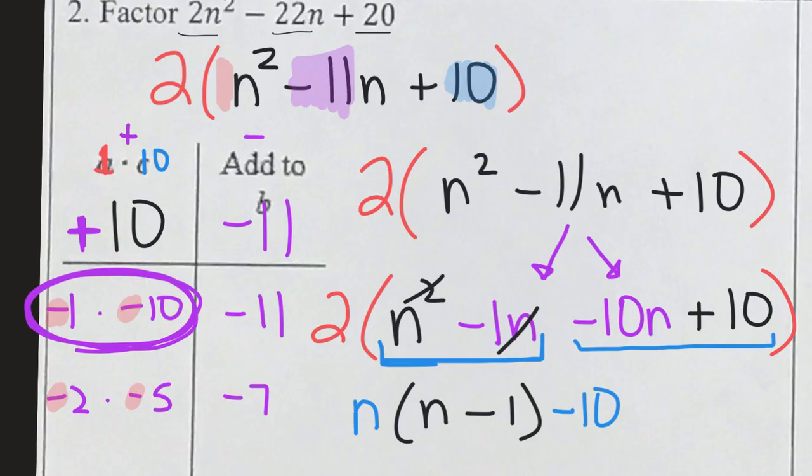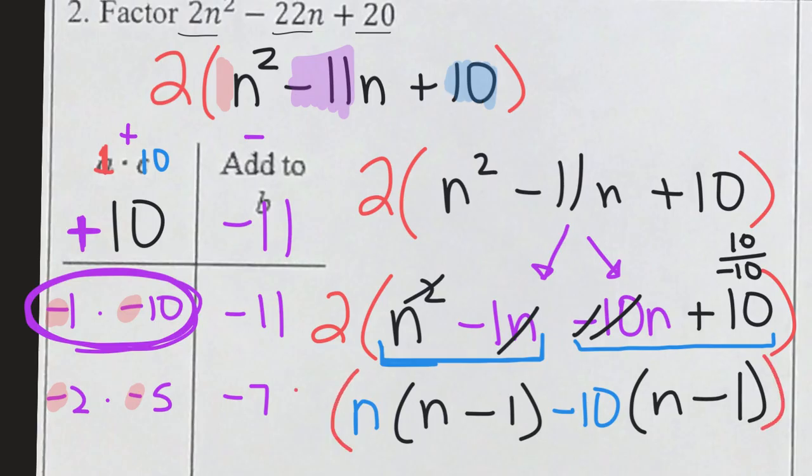So I'm going to take the minus 10 away, and that leaves me with a positive n. And if I divide positive 10 by negative 10, my answer is negative 1. Okay, so the way that these factorizations work, these two things in parentheses, your leftovers should be the exact same. If you've done your thought process correctly, those two leftovers will be the exact same from both of your terms.